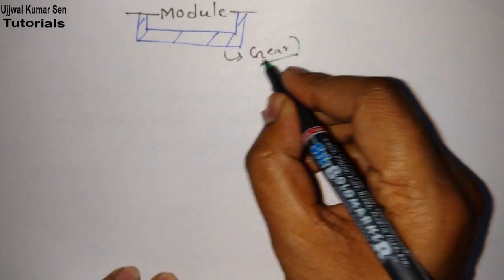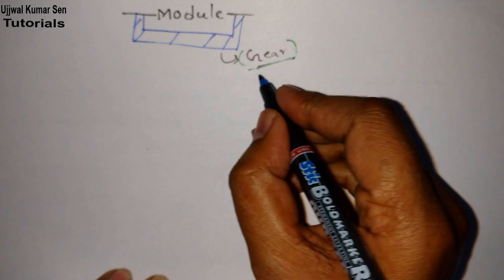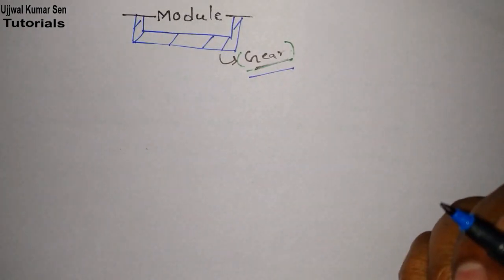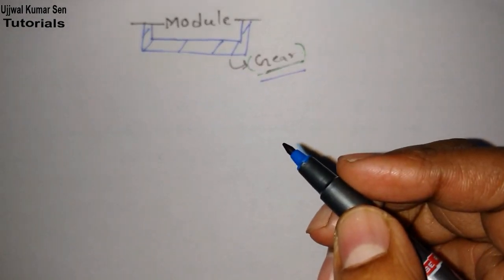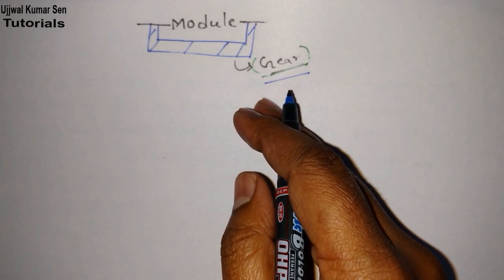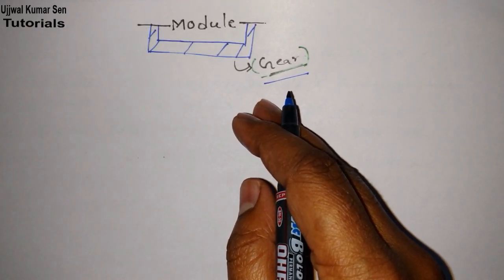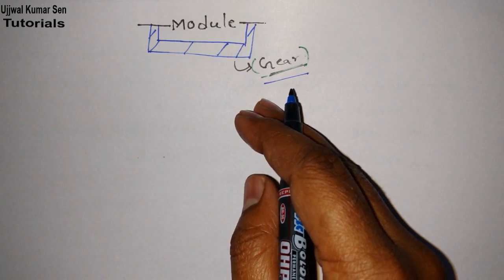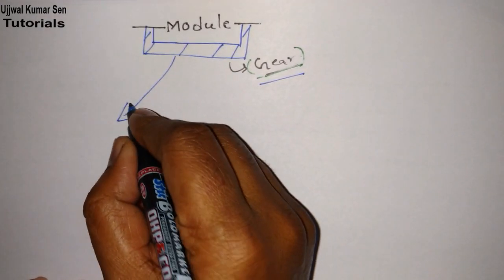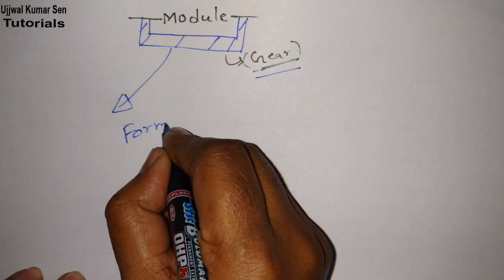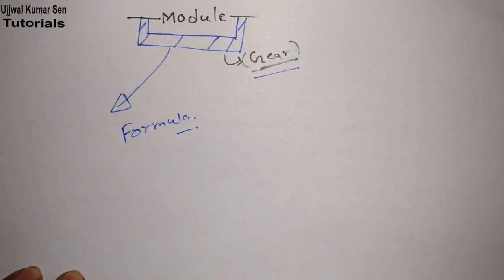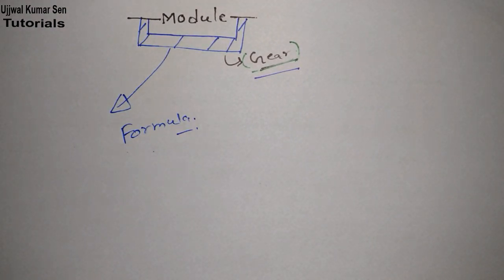In gear, almost everybody who has studied gear knows the formula for module. What is the formula for module? And can you believe in GATE they have asked questions from module only. If you know the formula for module, then you can solve the question.